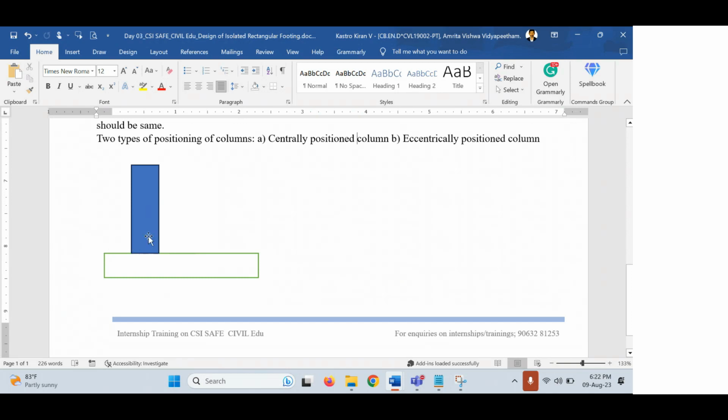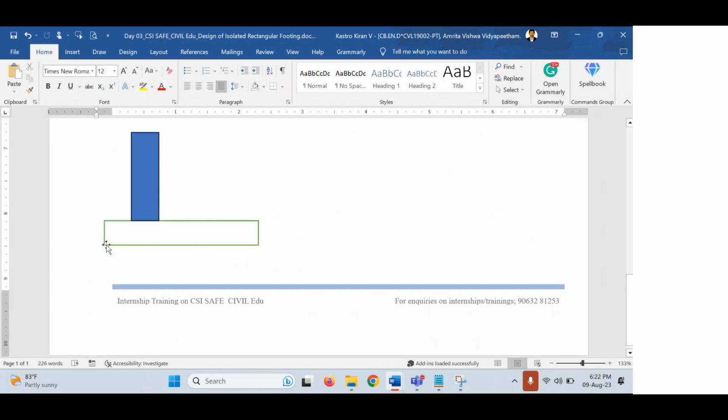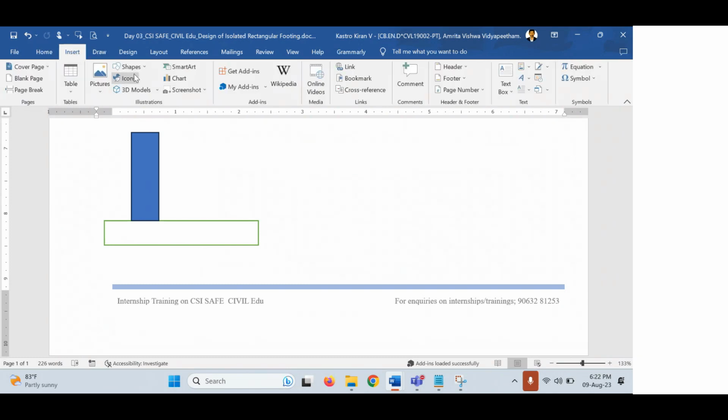Now what will happen here? More pressure will be along the left side of the foundation slab, and when you go towards the right end, you don't have uniform pressure distribution. It will basically be a uniformly varying load, so here you will get huge amounts of load.